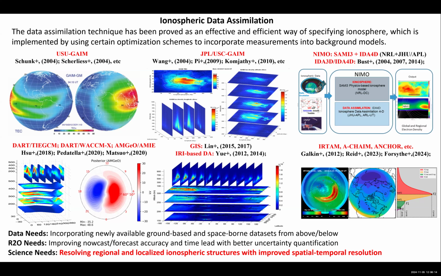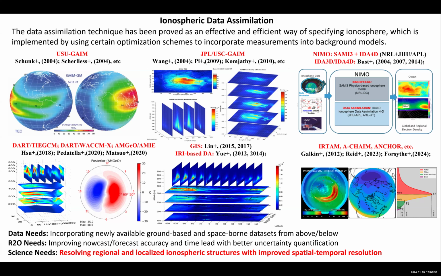Building upon that, some other data assimilation schemes use the coupled ionosphere-thermosphere model, or the coupled ionosphere-atmosphere model. For example, we have the TIEGCM using DART to do data assimilation, and the WACCM-X using DART to do data assimilation.